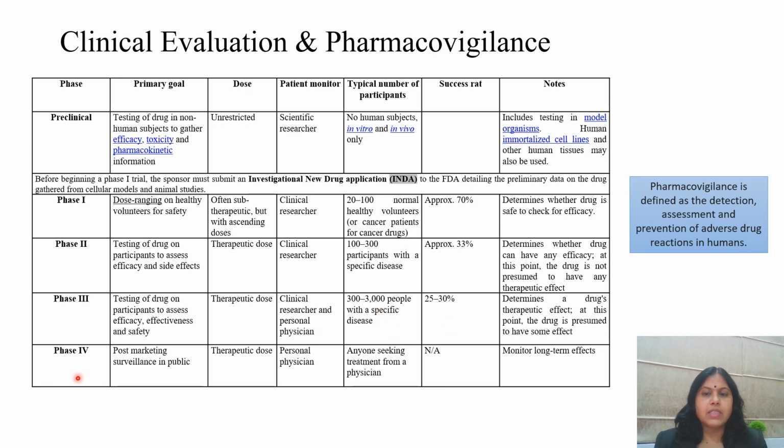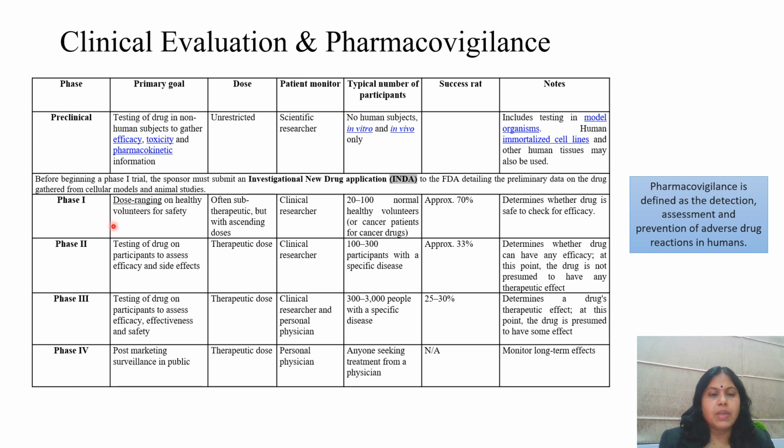The last phase is phase 4, called post marketing surveillance. Here anyone getting treatment with that particular plant or plant extract can be evaluated by the physicians or by the patient to monitor the long-term effects.